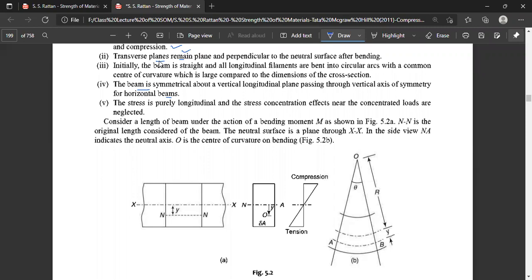In this side view, NA indicates the neutral axis. O is the center of curvature of the bending. So the upper portion will be under compressive stresses and the lower portion will be under tensile stresses.